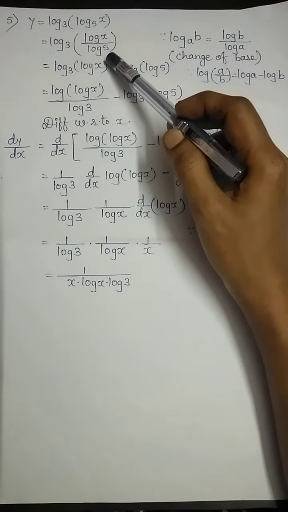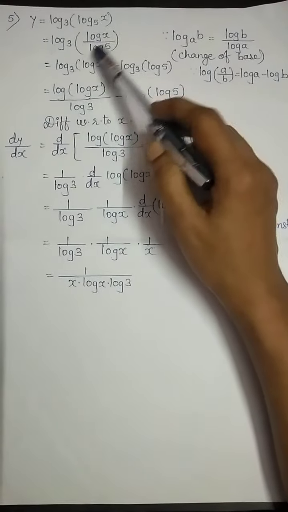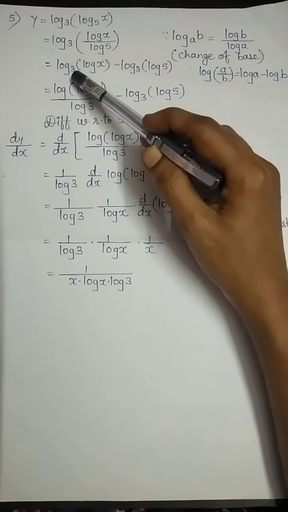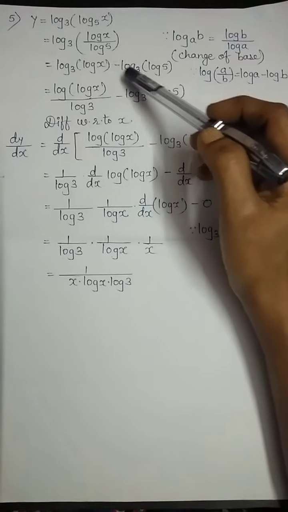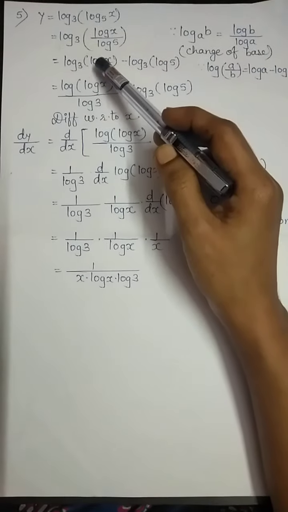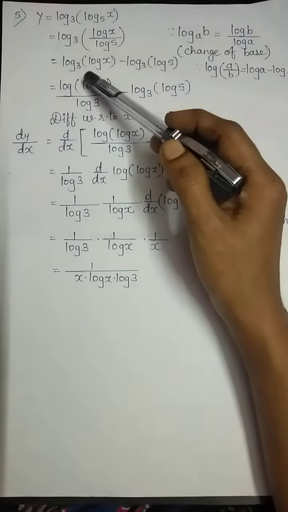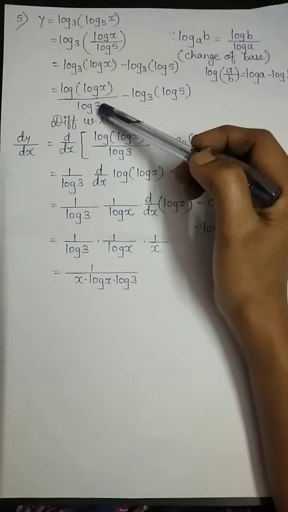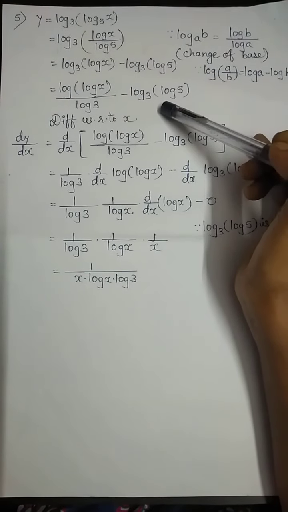So similarly here we can write this term by using law of quotient as log to the base 3 of log x minus log to the base 3 of log 5. Now again here we can apply change of base formula. So we will get this as log of log x upon log 3, keeping this term as it is.